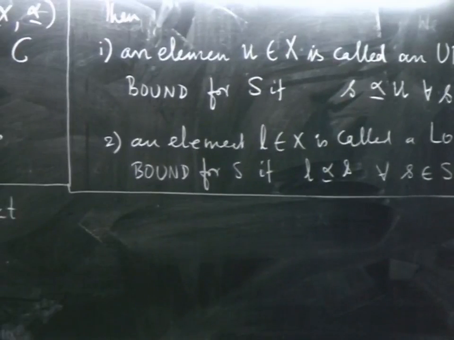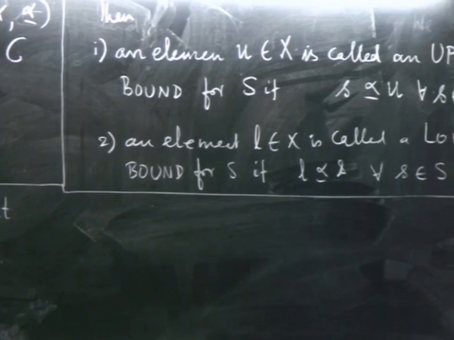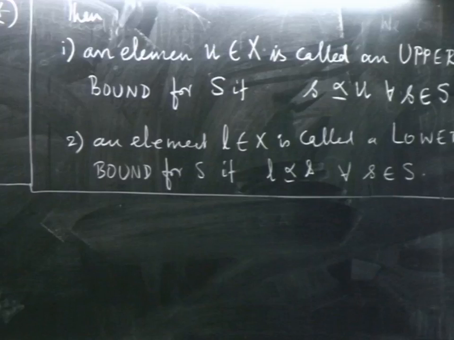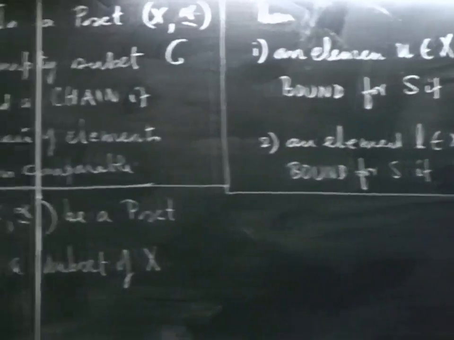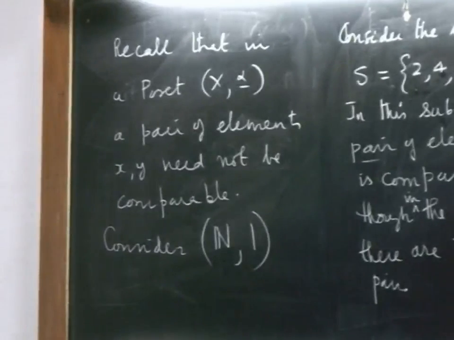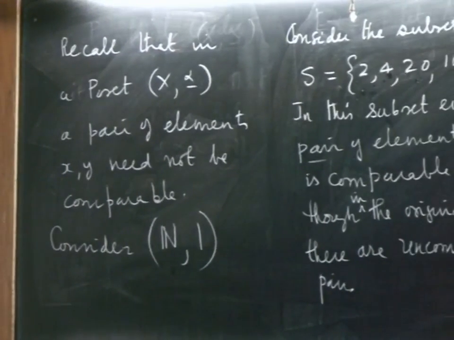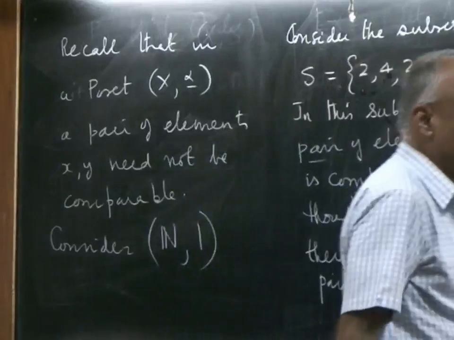So we have the notion of upper bound and lower bound. I have not said the upper bound or the lower bound. There may be many upper bounds. There may be many lower bounds. There may not be any upper bound. There may not be any lower bound also. So we may have situations where, for example, take all the powers of 2: 2 to the power of 0, 2 squared, 2 cubed, 2 to the power of 4, etc. So all the powers of 2 as your subset.